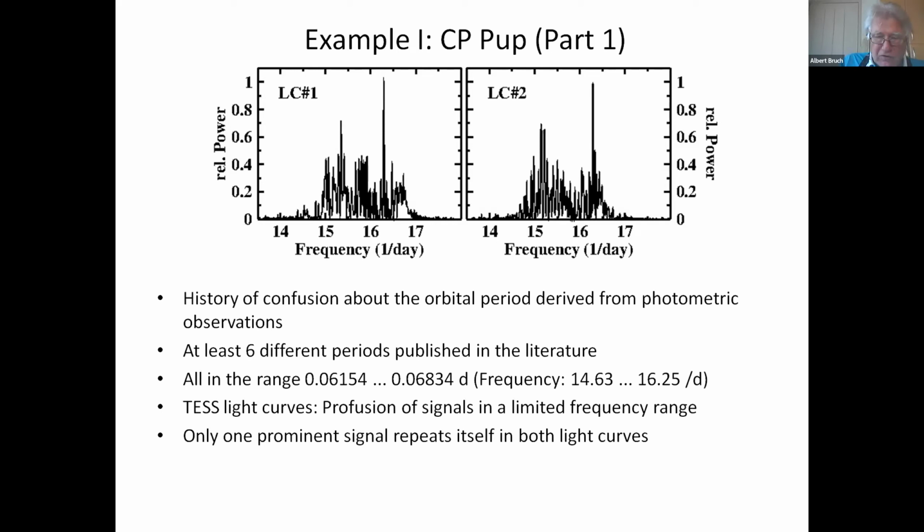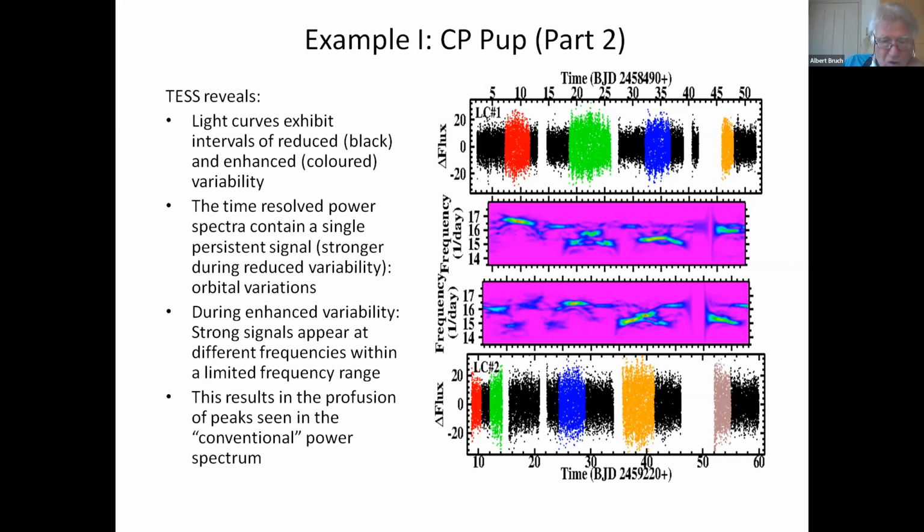If we have a closer look at the light curves and the time-resolved power spectra, we can understand what happens. In the light curves here above and below, we see that the scatter sometimes increases a little bit. These are the colored sections. The power spectra contain a continuous, strongest signal, which goes through the entire duration of the light curve.